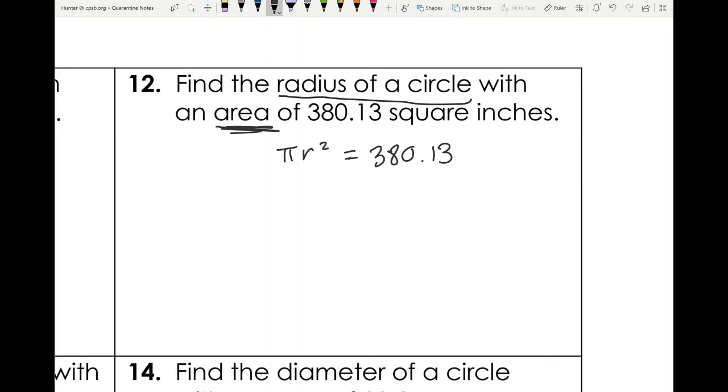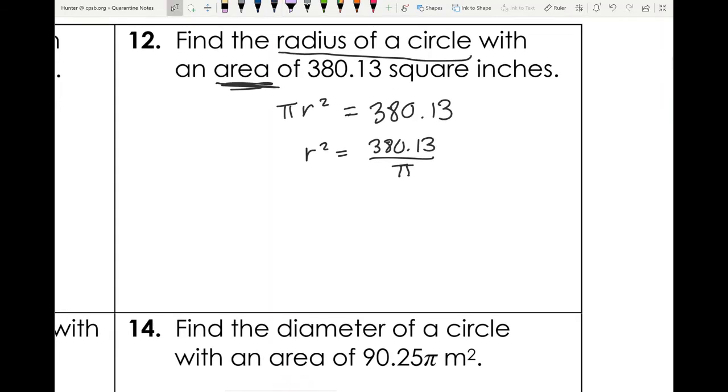Now to get r by itself, we divide both sides by pi, so we get 380.13 over pi. Do not put this in your calculator just yet, please, because we have one more step before we find our radius. We take the square root of both sides. So r is just going to be the square root of 380.13 over pi.